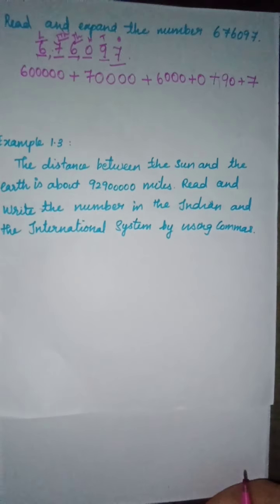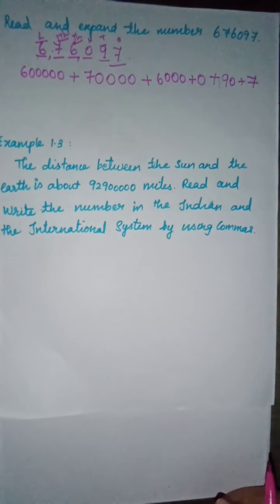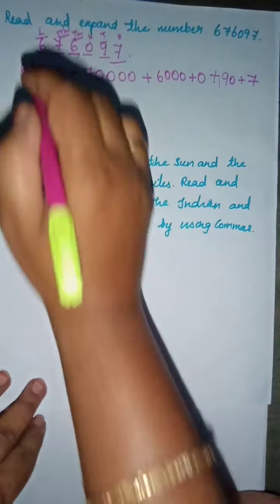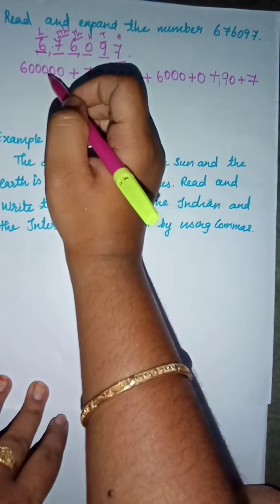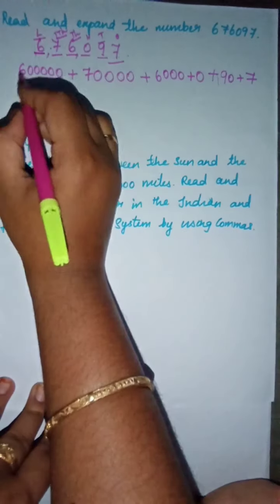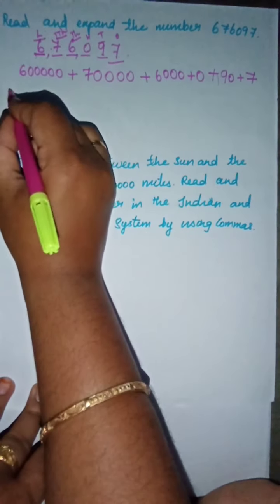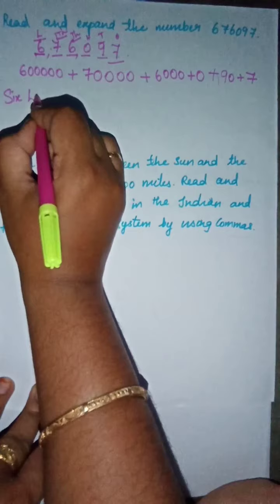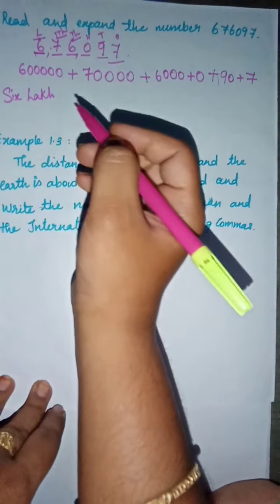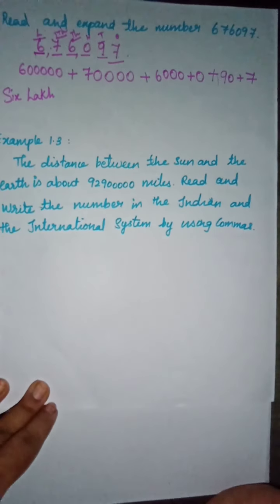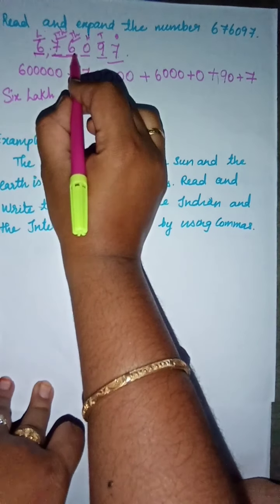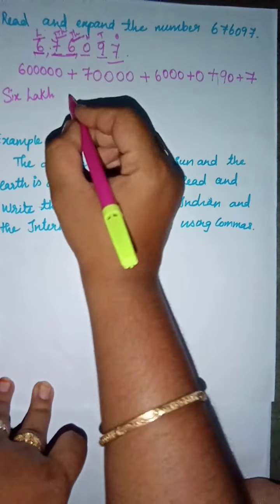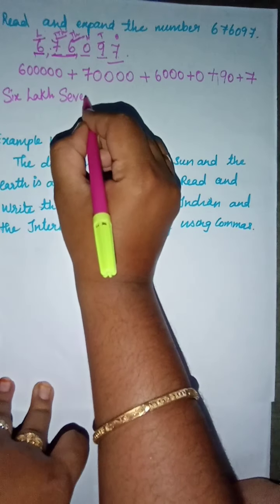Clear? Okay, then what we have to do? We have to read the number. So here first you have to see this number, that is 6 comes under lakh. So 6 lakh. Then here 76 comes under 1000, so 76,000.